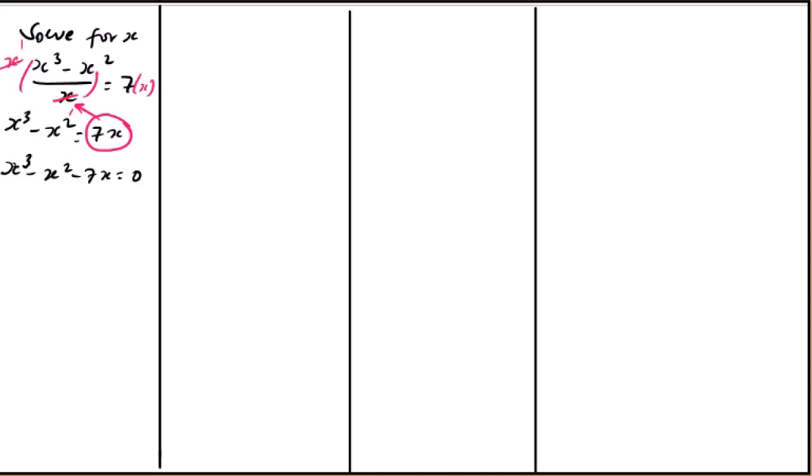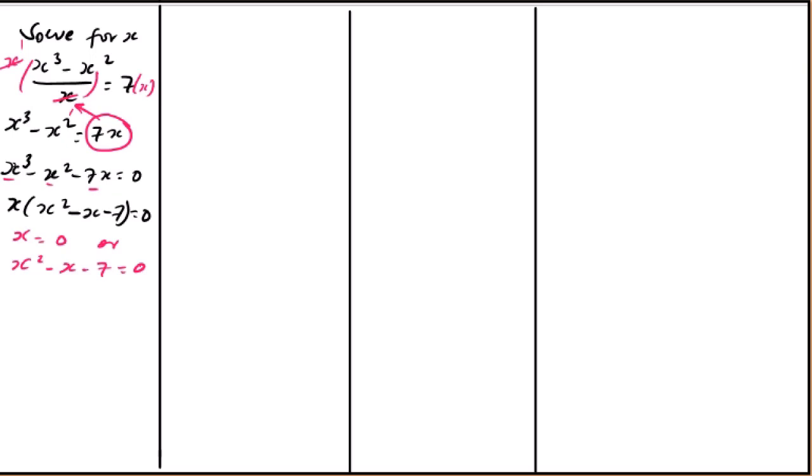Note that we have x here, here, and here, therefore we can factor out x, so that we have x times x squared, remember x squared times x is x cubed, minus x, again x times x gives x squared, then minus 7 equals 0. Therefore we have x equals 0, or x squared minus x minus 7 equals 0.